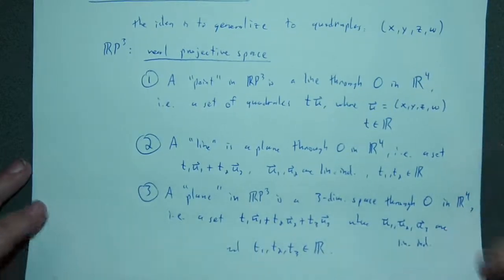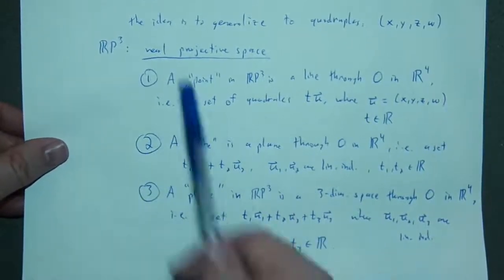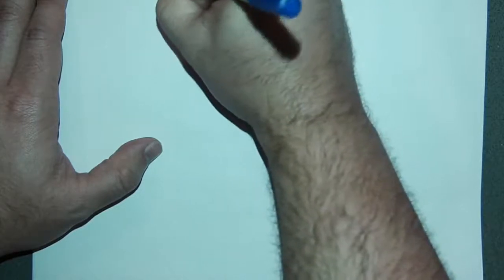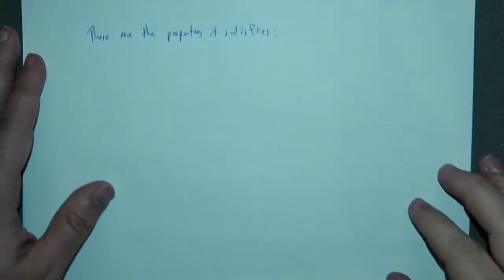All right. Then we can use linear algebra, like in the last chapter, and show a bunch of facts geometrically about this real projective space. So these are the properties it satisfies. This isn't an exhaustive list, but it is a curated list for a specific reason.